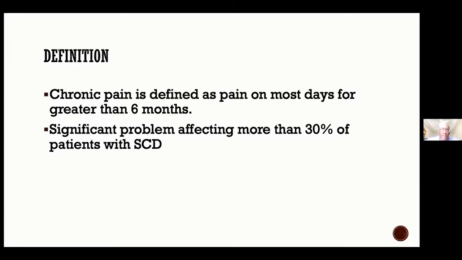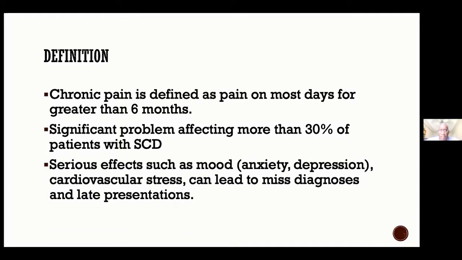Chronic pain is a significant problem, affecting more than 1/3 of the patients with sickle cell disease. And as I said, with the acute pain, you get a psychological response that's quite finite until you control the pain. But having this happen repeatedly or having poorly controlled pain adds a psychotropic component to the presentation.